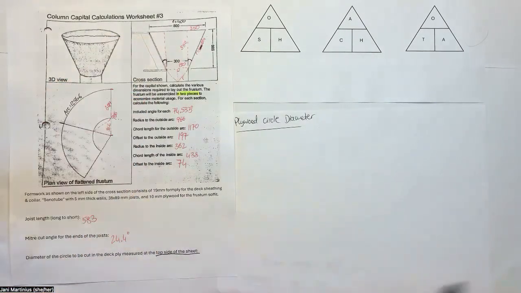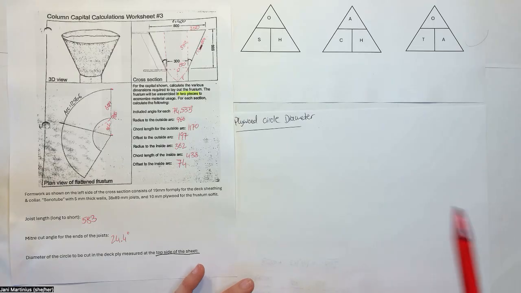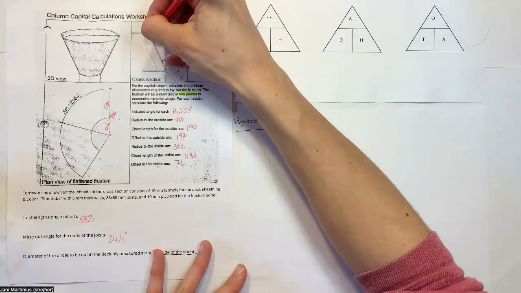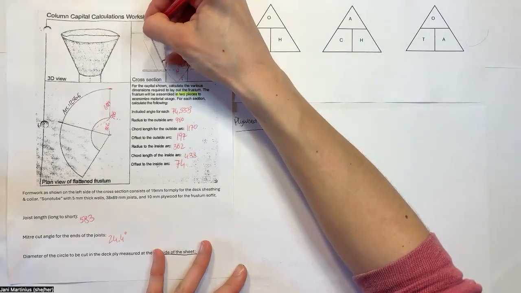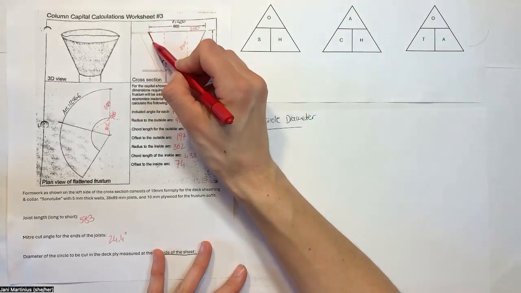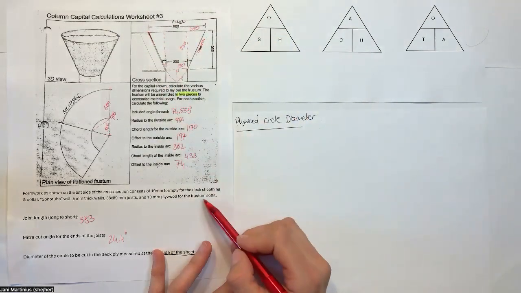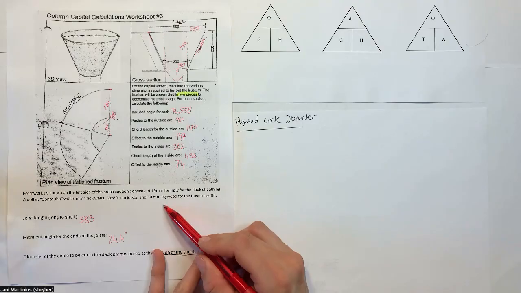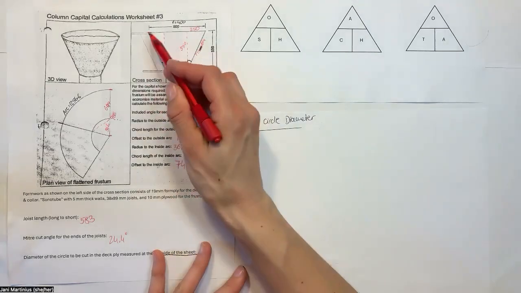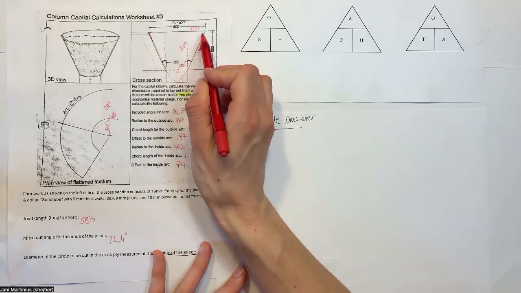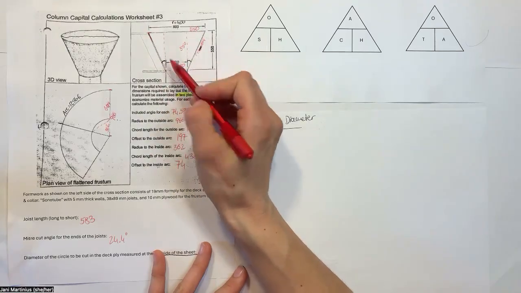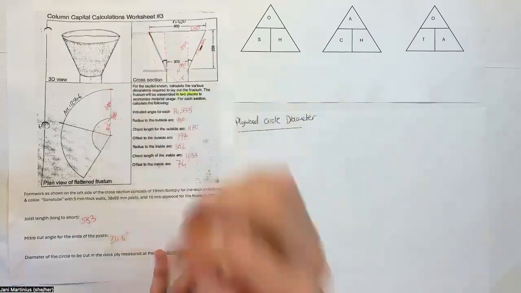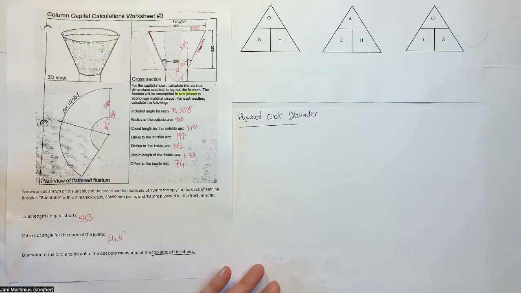Now, this is a little bit of a trick question because we want to find that angled thickness of the soffit plywood. That is 10 mils. And that is the extra measurement or distance we're going to add to the circle we're going to cut into our 19 mil plywood right there.